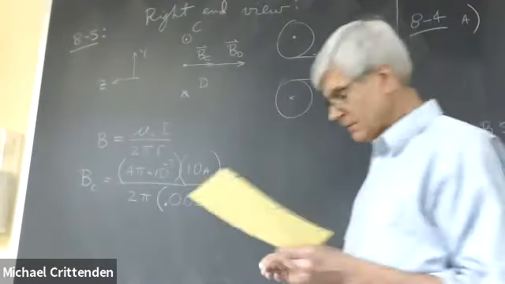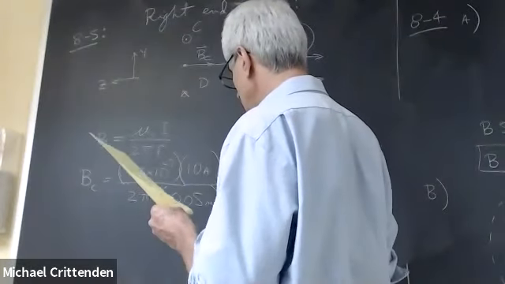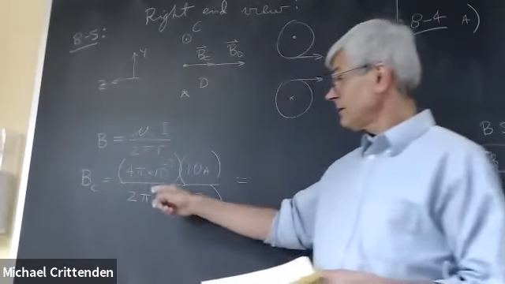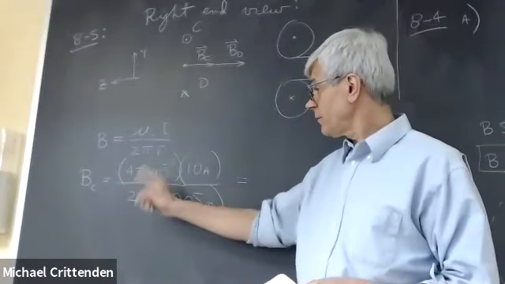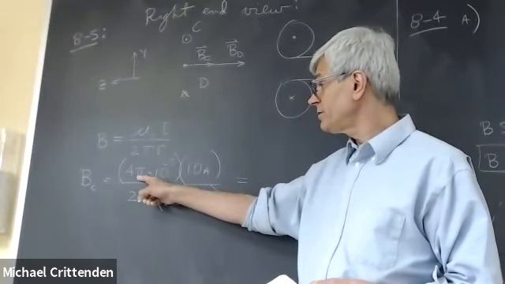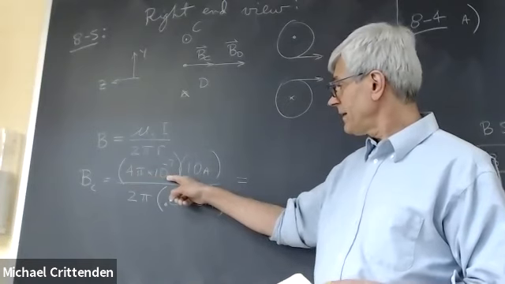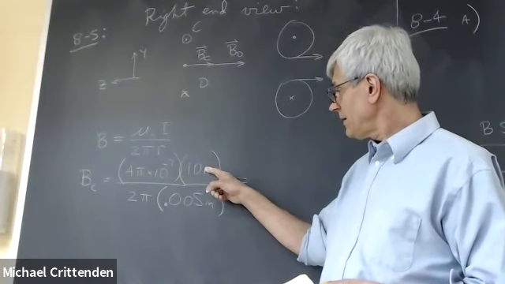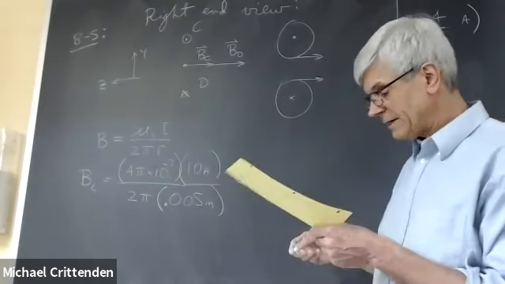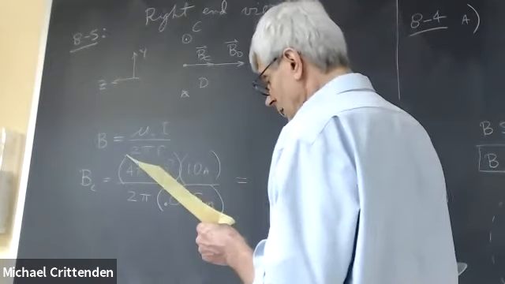A few moments with a calculator. Again, it's probably easier to punch it up if you notice that 4 pi over 2 pi is just equal to 2. So 2 times 10 to the negative 7 times 10 divided by 0.005. I would just do that.